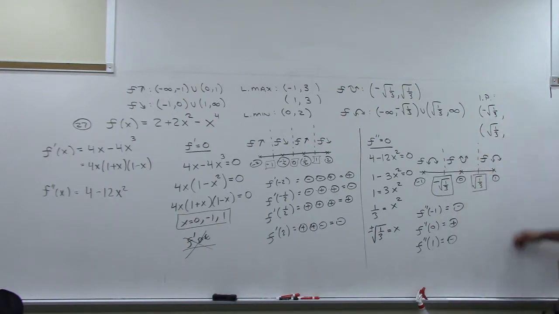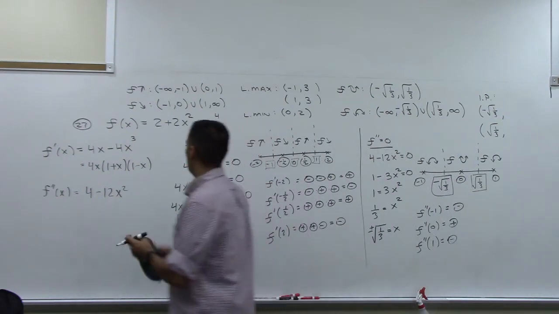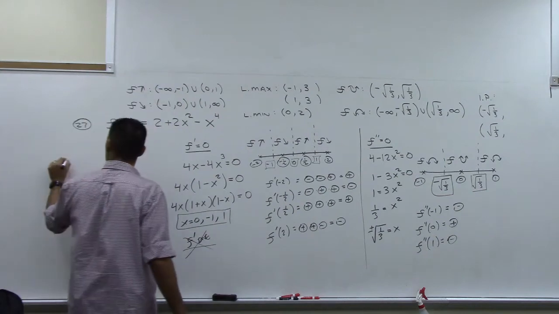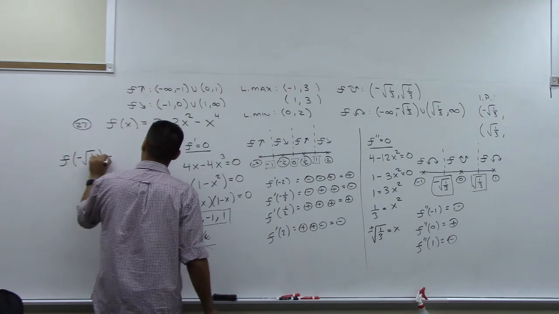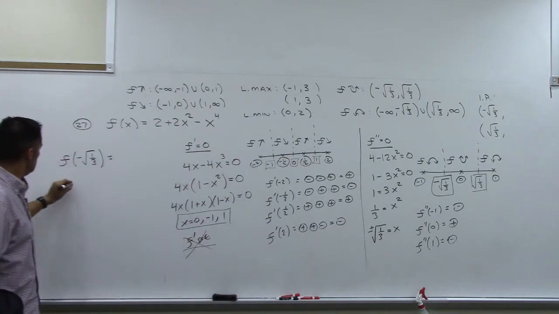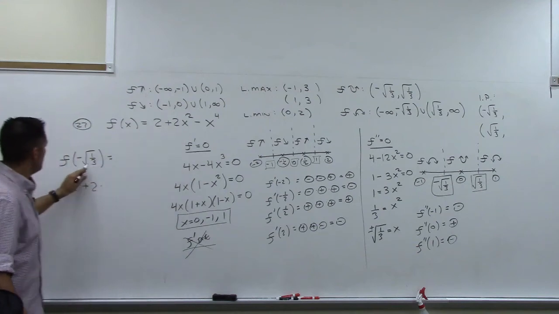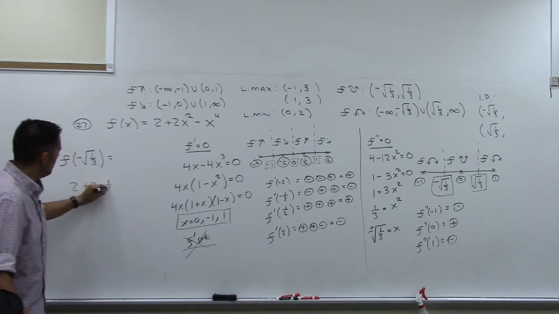And then what I can do is just plug these into the original function. So that might be a little bit of work. What is f of negative root 1/3? Well, it's going to be 2 plus 2 times, now if I square this, the negative times negative is positive, the root times the root goes away, so I just get 1/3.